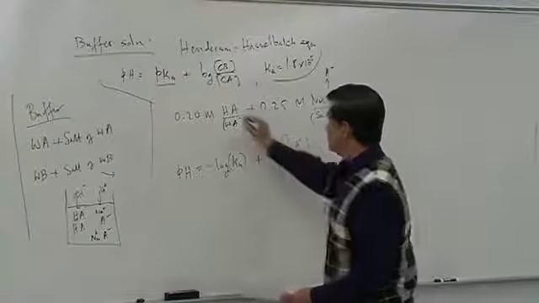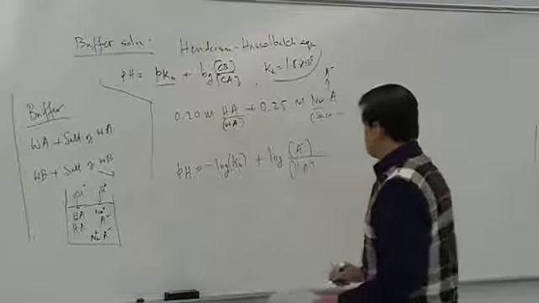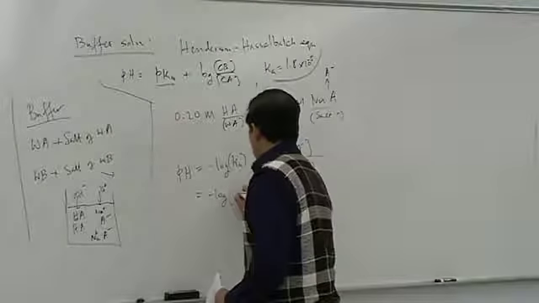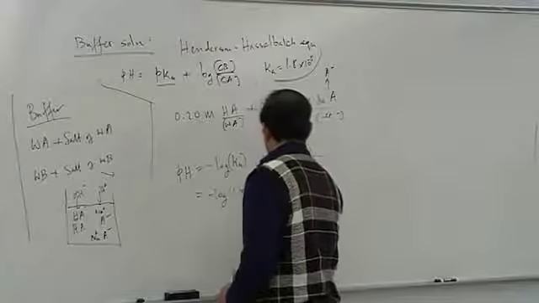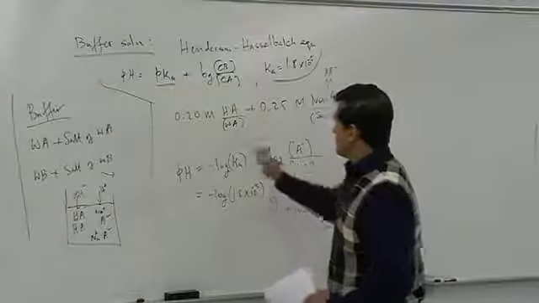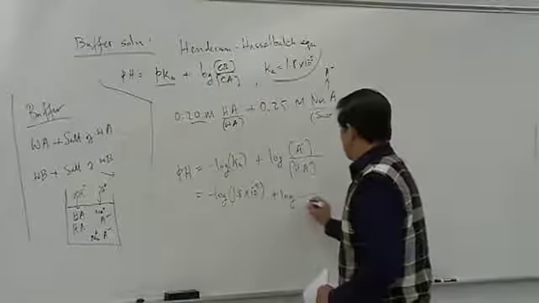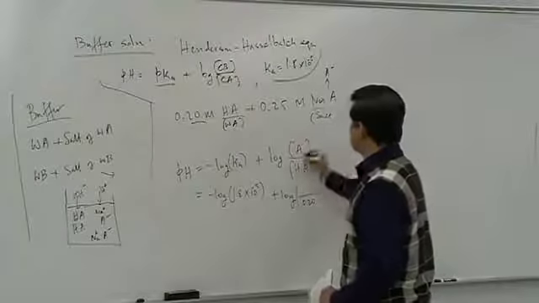And then at the bottom you'd have the conjugate acid, which is HA. Now, minus log of 1.8 times 10 to the negative 5 plus log of, let's put down numbers. Now we have HA, which is 0.20, at the bottom. And on the top we have A-, which is 0.25.